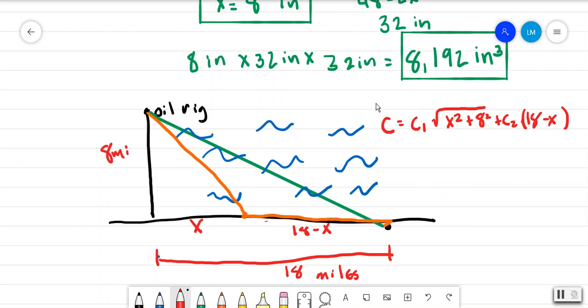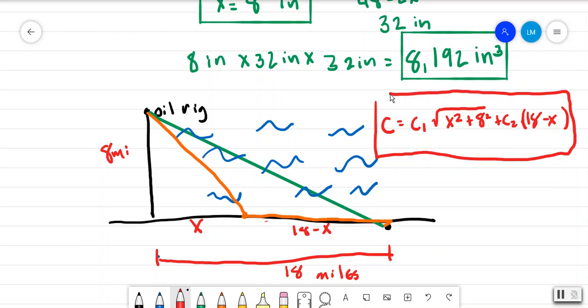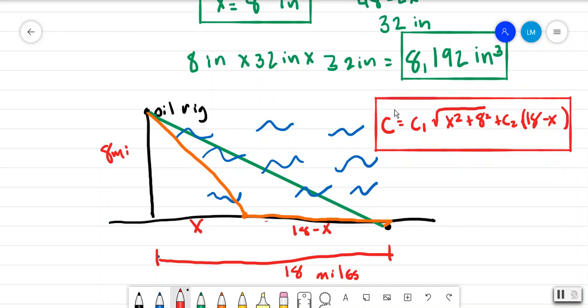This is a typical problem that you can use for optimization or applications of extrema. Whether the cost of the underwater pipeline was 10 million and this is going to be 5 million, you're still going to plug it into here because this gives you the cost of the pipeline.